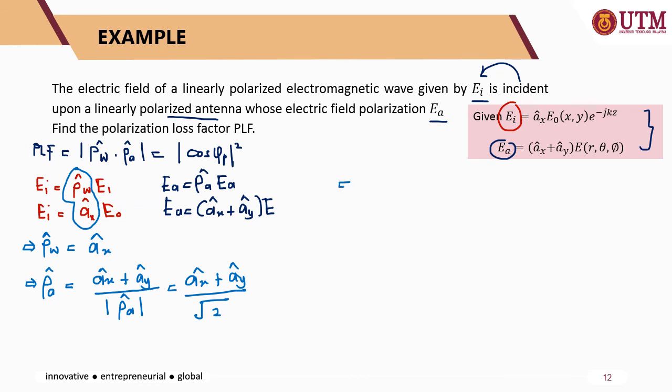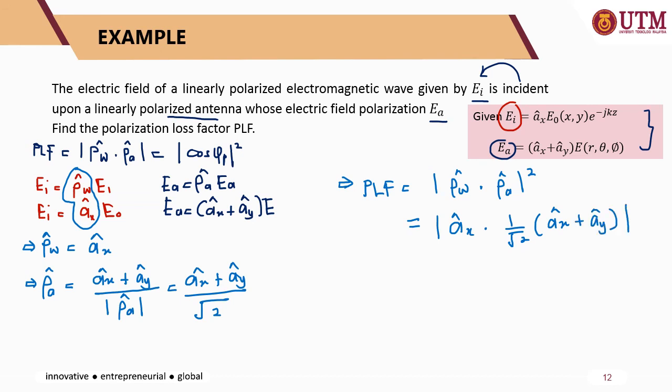Next, the power loss factor is equal to the magnitude of rho W dot product rho A, squared. So rho W equal to AX, dot rho A equal to 1 over root 2 times AX plus AY, squared. So this is equal to 1 over 2.